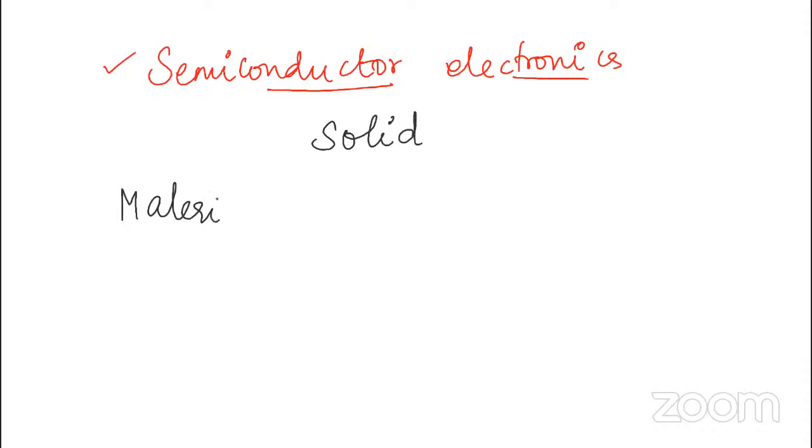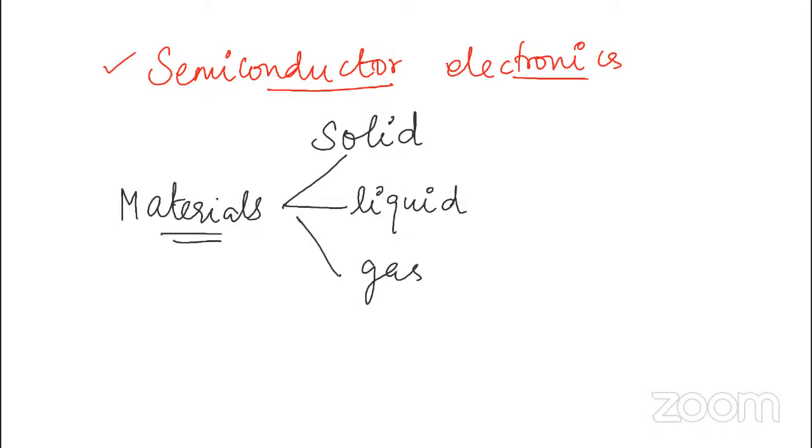they are classified into solid, liquid, and gas. Right? Generally, the material classification is solid, liquid, and gaseous substances. Okay. From the solid materials, based on the conductivity, they are split into three.